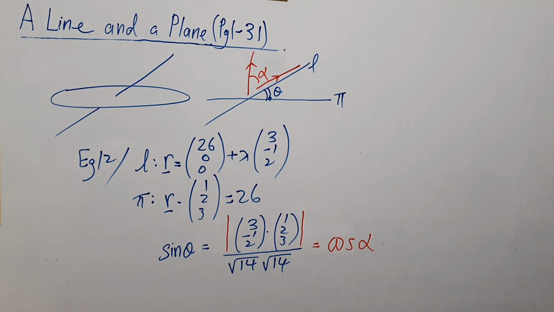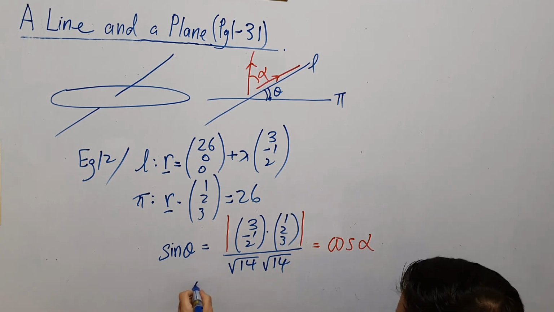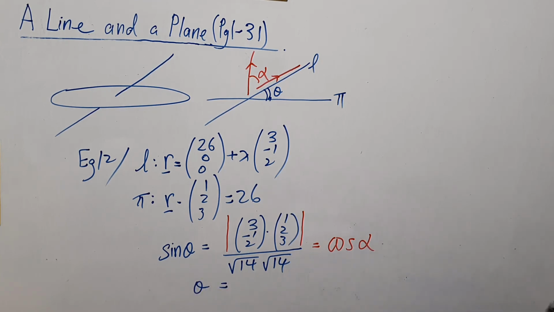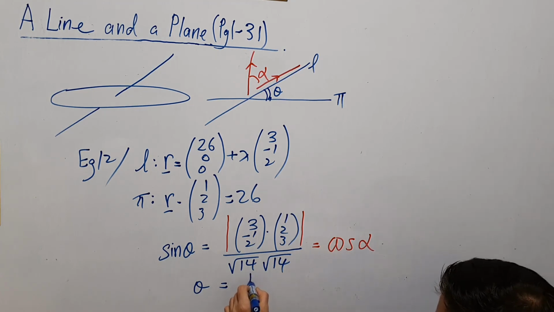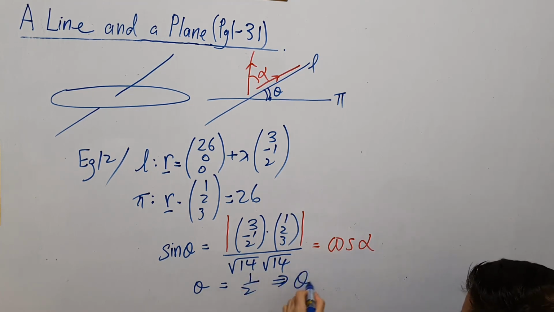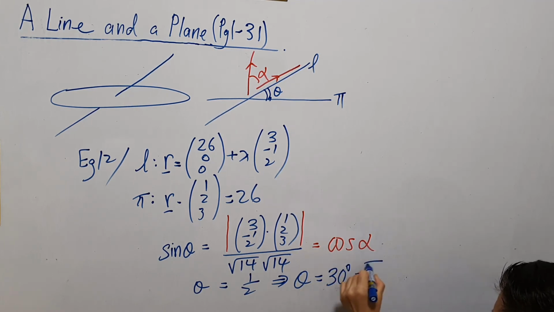And then if you do this, immediately you're going to get sine theta equals 7 over 14, so it's half. So therefore theta equals 30 degrees or pi over 6 radians.